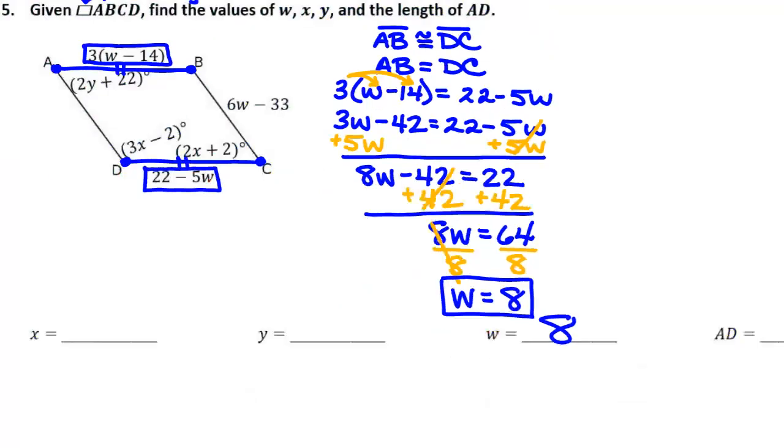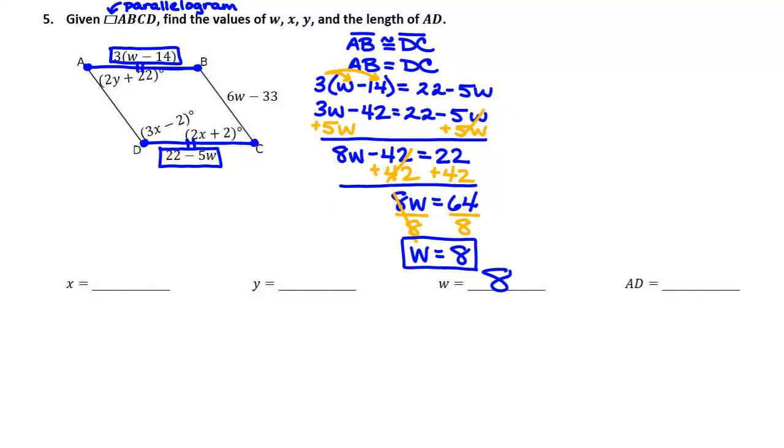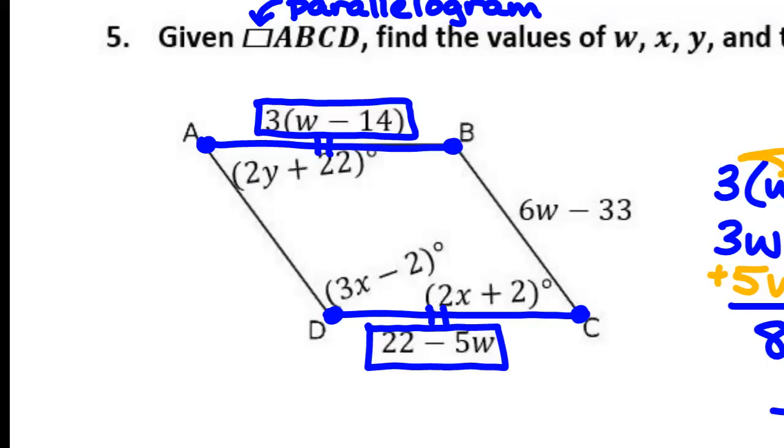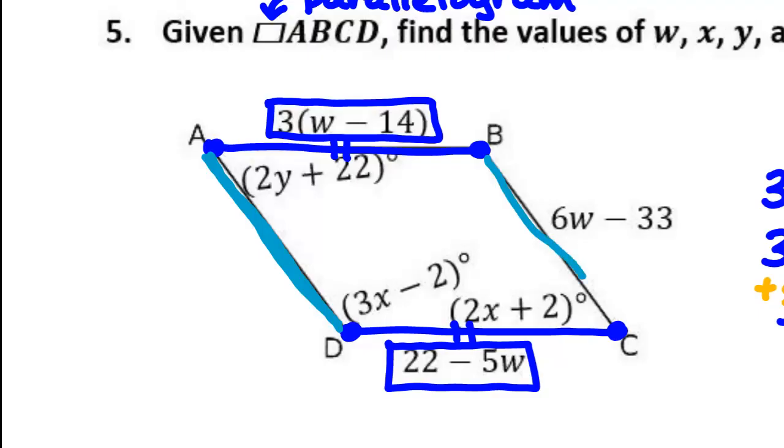So far, so good. Can I use that to answer any of these other questions? X, Y, or AD? Which one? AD. Well, when I look over here at side AD, there's nothing over there for me to substitute into. But what do we know? BC is the exact same size.